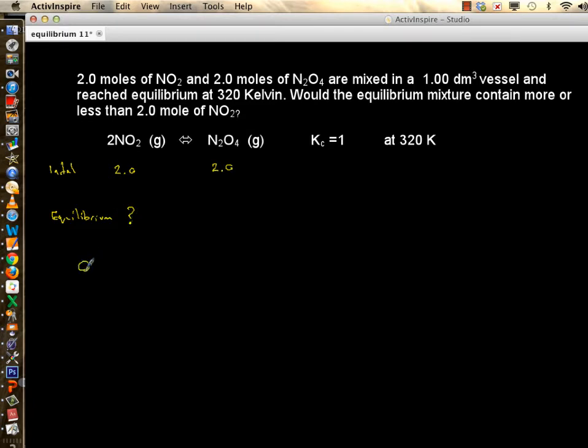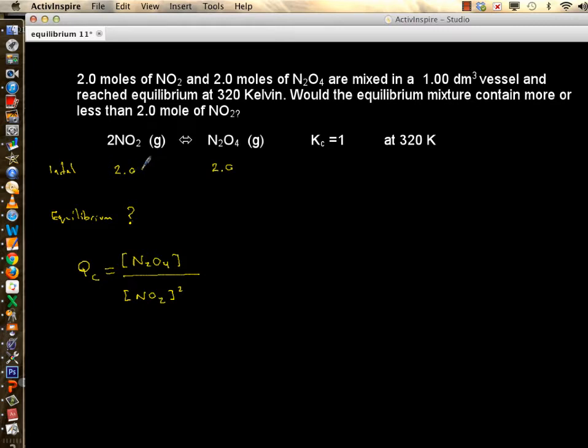So I write reaction quotient rather than Kc. So Qc is simply the same expression: concentration of products, raised to its coefficient, which is 1, divided by concentration of reactants, raised to its coefficient, which is 2. Now, since it's a 1 dm cube vessel, your moles and concentration are the same.